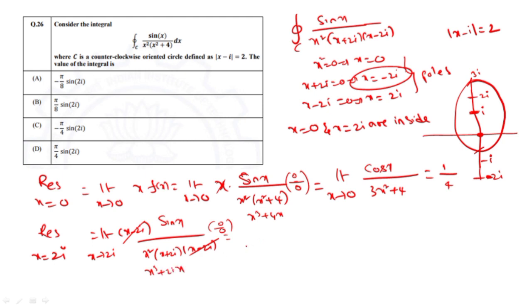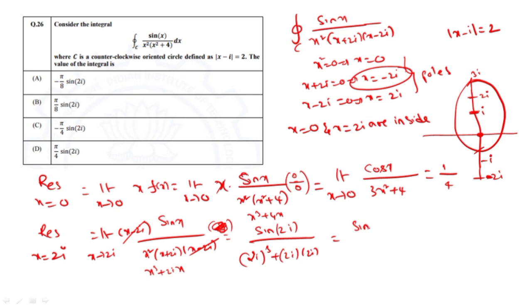Okay. So not 0 by 0, sorry. So I replace there. So sin 2i by 2i whole cube plus 2i into 2i.